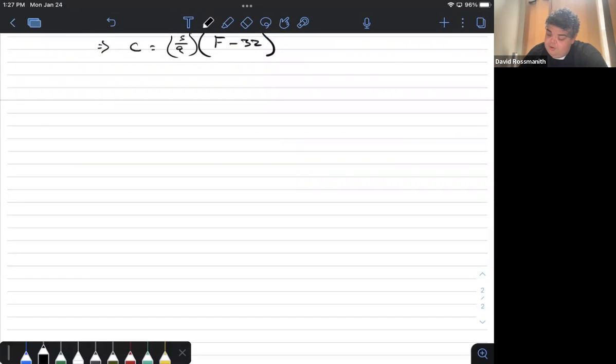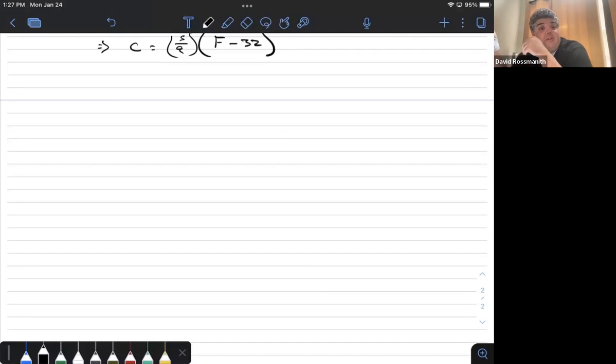What I mean by that is this. If you think about a temperature in Celsius, and you add 5 degrees Celsius to it, that's not the same as adding 5 degrees Fahrenheit. A change of 5 Celsius is different than a change of 5 Fahrenheit because of this conversion factor. 1 Fahrenheit degree is smaller than 1 Celsius degree.